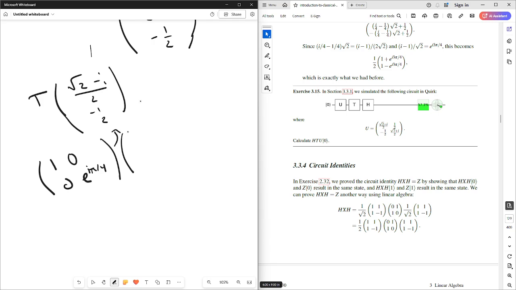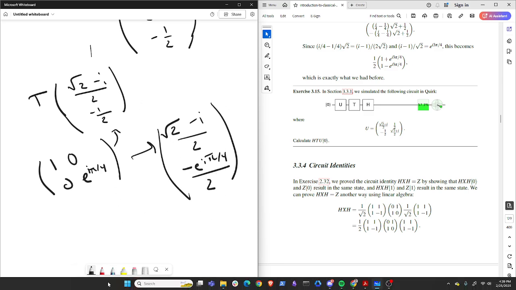We'll bring that in here. Multiplying our amplitudes times our gate, we wind up with (square root of 2 minus i) over 2 and minus e^(iπ/4) over 2.